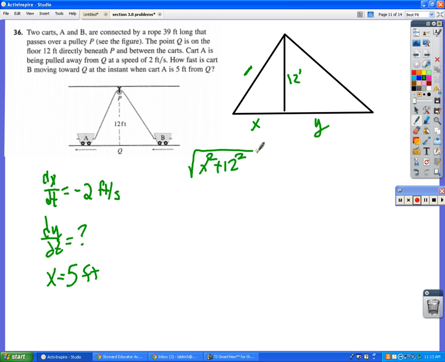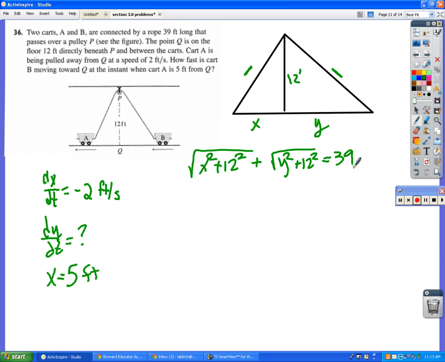To find this length of rope, I would go square root of y squared plus 12 squared. If I add those together, that equals the length of the rope, which is 39.